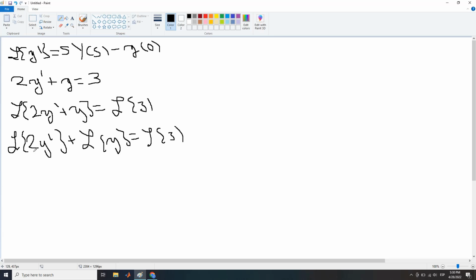So first of all, we have to get the Laplace transform of 2 times the first derivative of y. So this will be 2 times the Laplace transform of the derivative of y, which is s y of s minus the initial condition. So the initial condition is given in the problem, so here let's say it is equal to 1, so minus 1.